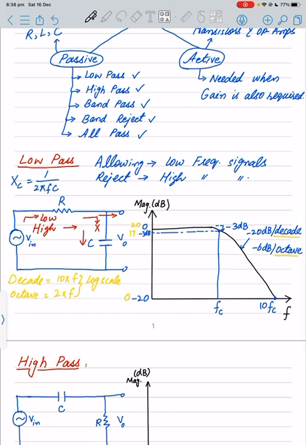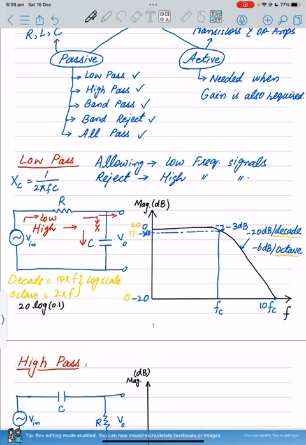So for the 10 times decrease in the gain with the 10 times increase in the frequency, so we know the formula, that is the 20 log of the gain, और गेन हमारे पास हो रहा है almost 0.1. So this is the formula for converting any value or the voltage or the current or the power of any signal into the dB, decibel scale.